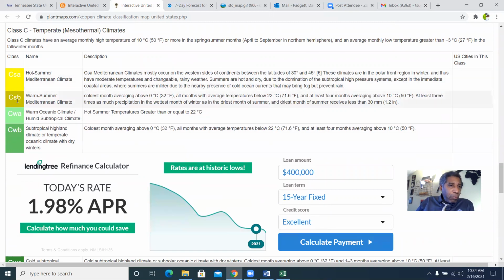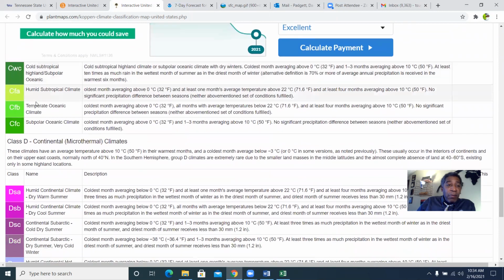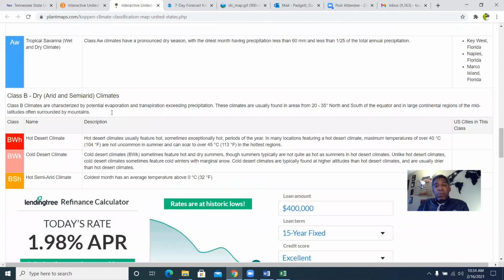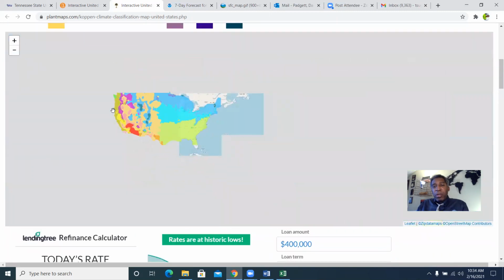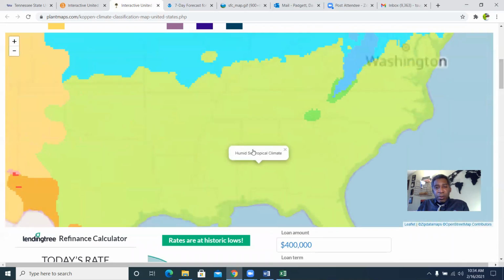But these C climates, now there are two types of C climates. Notice there's a hot summer Mediterranean climate, a warm summer Mediterranean climate, and then there are several other types of C climates here. The C climate that we are most familiar with here in the southeastern United States is the CF, humid subtropical climate, here, here, here.